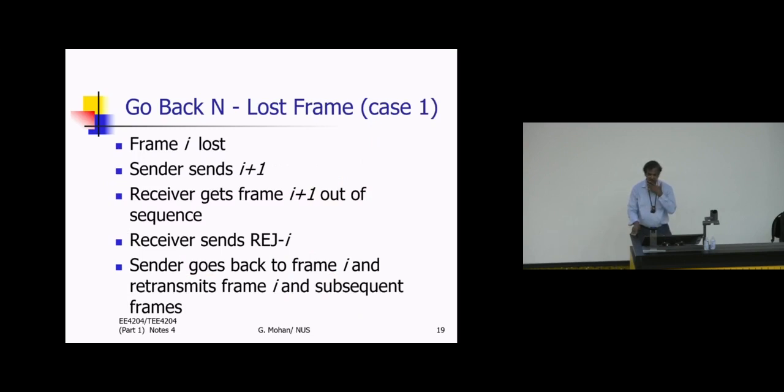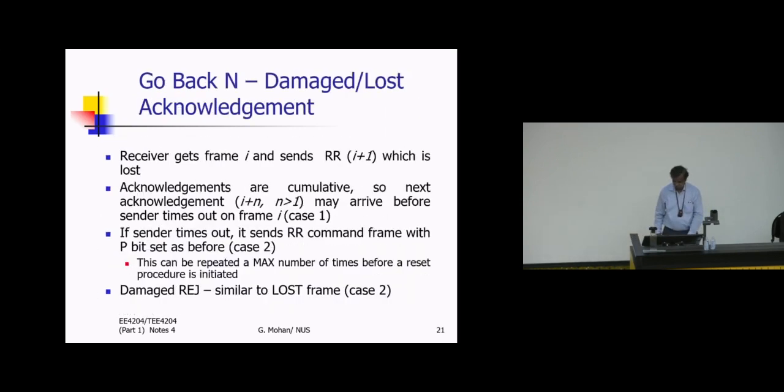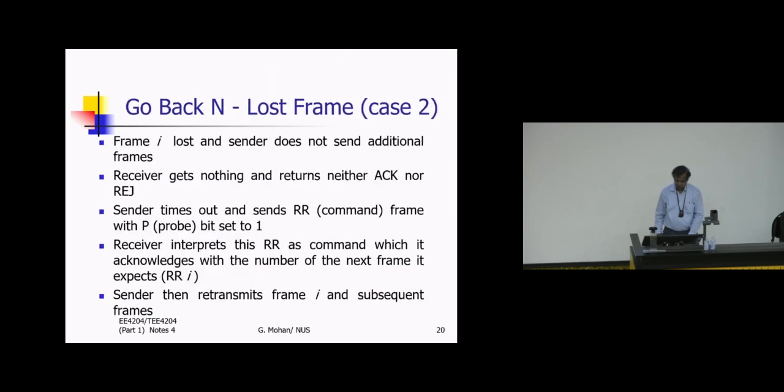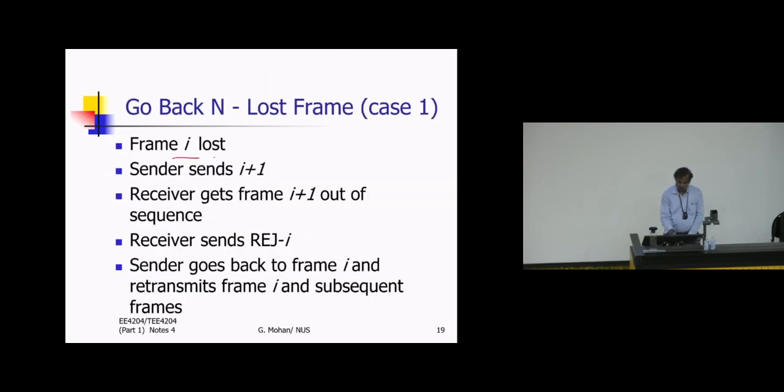Now let's look at the case of a lost frame. Let's say frame I is lost. Assume that I is equal to 4. Frame I is lost. This is lost.